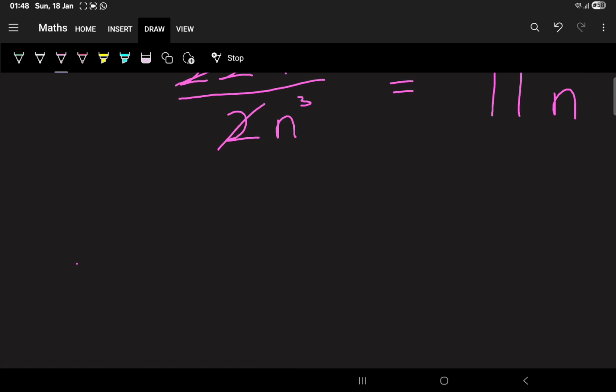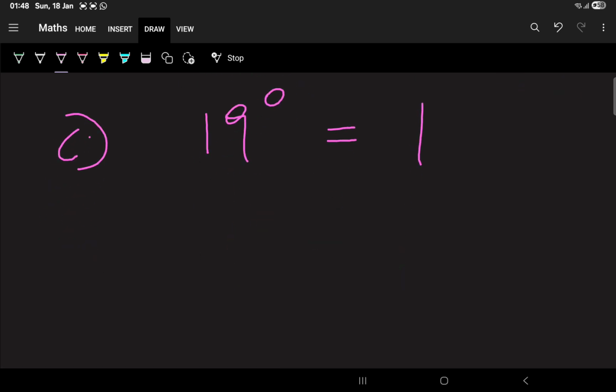Now we move to C. 19 raised to the power of 0. We know from our zero power law, this is going to equal 1. But this, for understanding, can be expressed as 19 raised to the power of a over 19 raised to the power of a.